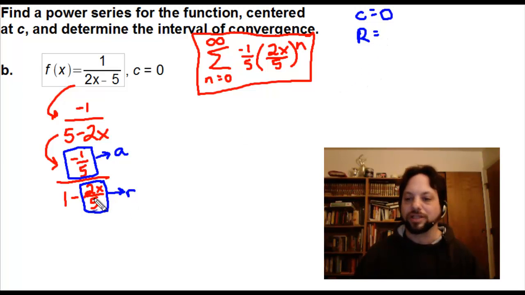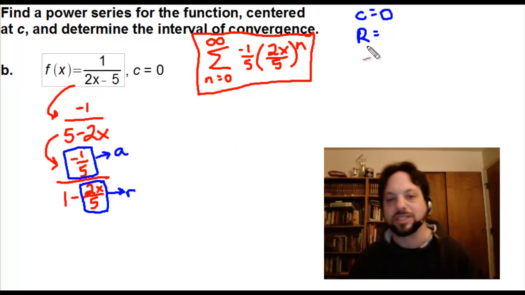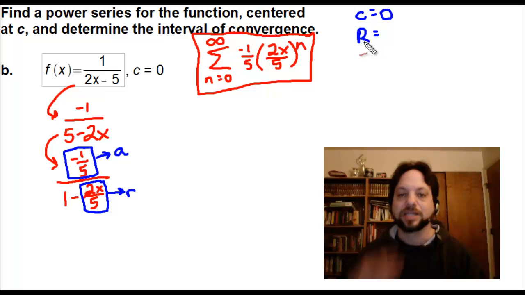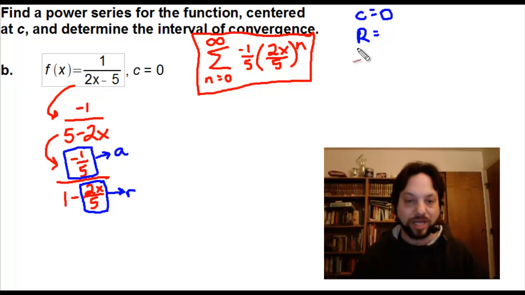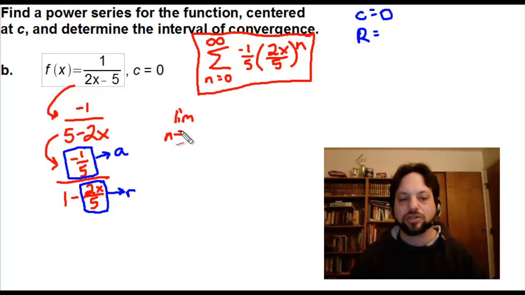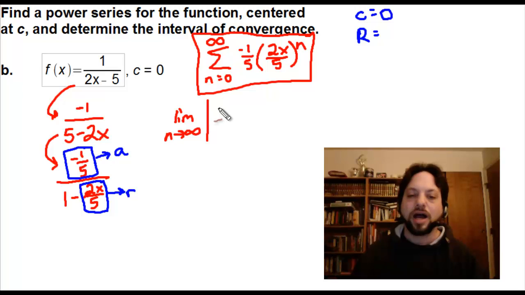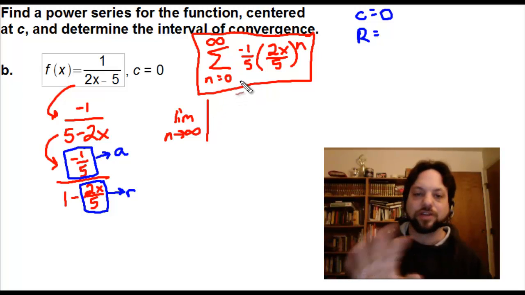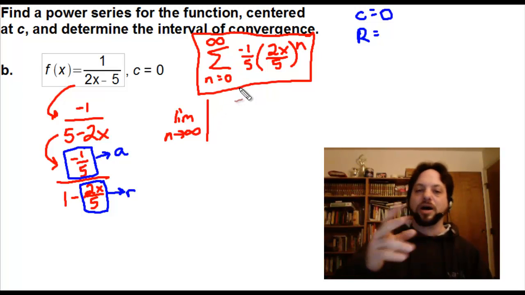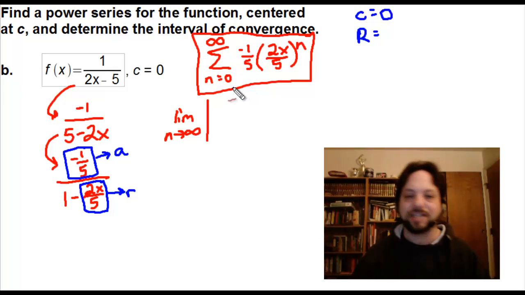Remember that little r in this case represents the ratio of the geometric series, and I'll use capital R to represent the radius of convergence. They are different. So let's go ahead and do our ratio test. Here's the limit as n approaches infinity. I am going to skip this -1/5. You saw in the last example that the constant just divided itself out, so I'm going to skip that part.